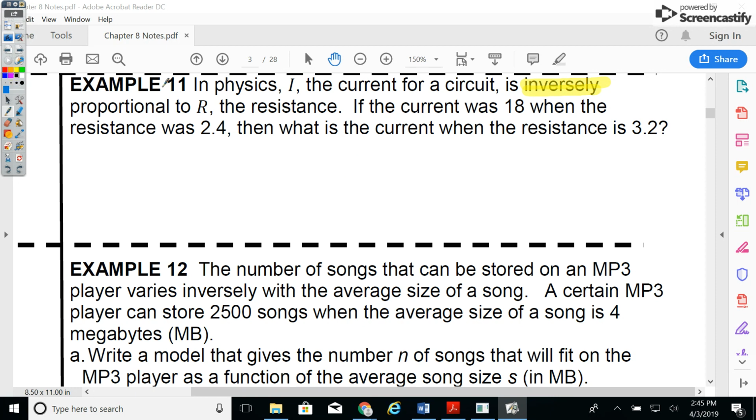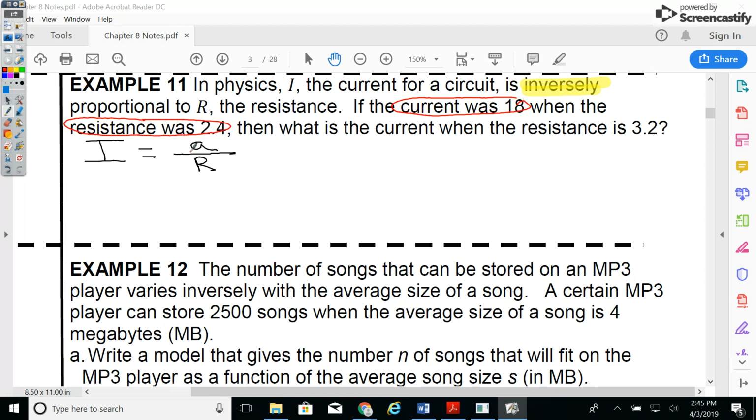So here, we're going to set this up as I equals, inversely means that we have to divide by R. So we need to figure out what this number is in the numerator. We need to figure out that constant of variation. So we're going to use the two numbers that they give us. The current is 18 when the resistance is 2.4.